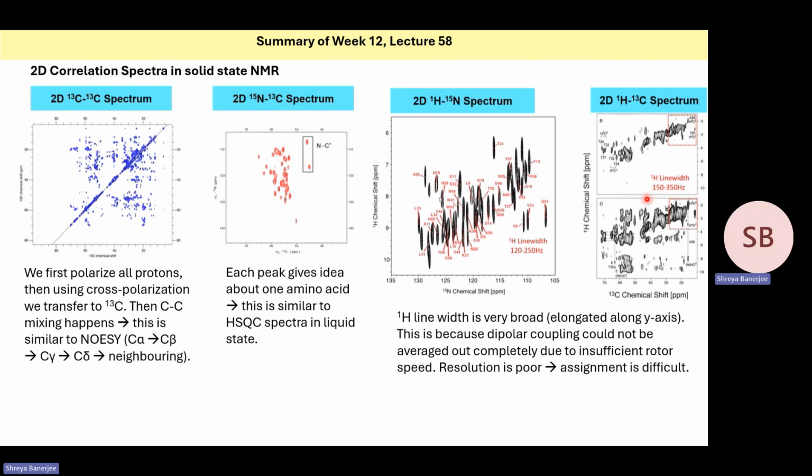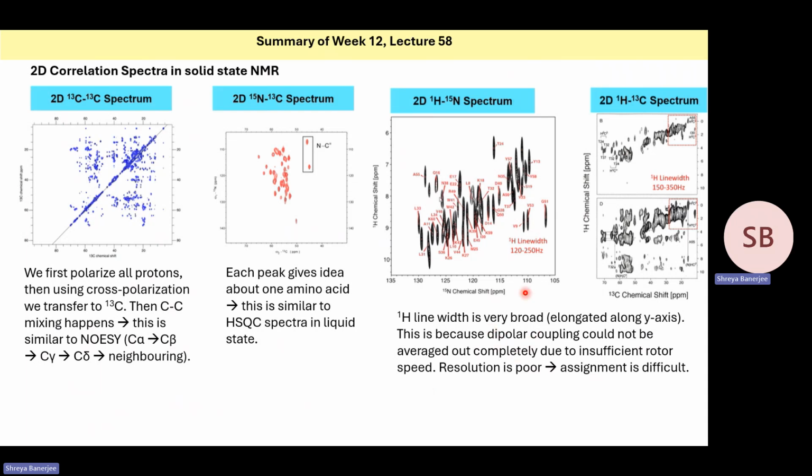Here it's 150 to 350 hertz. So 1H chemical shift is on the y-axis. You can see all the peaks are very much elongated along the y-axis because the 1H line width is so large. This is because the dipolar coupling cannot be averaged out completely due to insufficient rotor speed.